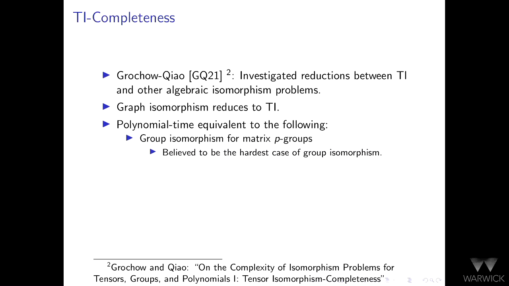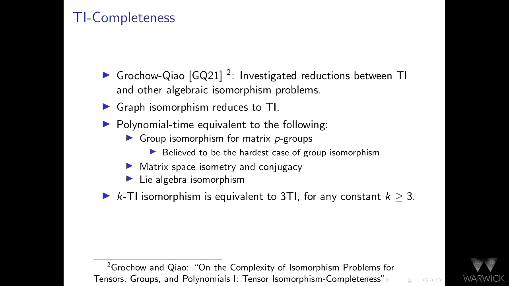This case of group isomorphism is believed to be one of the hardest cases of group isomorphism for which we still do not have polynomial time algorithms. Other algebraic structures that tensor isomorphism is equivalent to include matrix space isometry and conjugacy, and Lie algebra isomorphism. Furthermore, we focus on the case of 3-tensor isomorphism, since they also proved in this work that k-tensor isomorphism is polynomial-time equivalent to 3-tensor isomorphism for any constant k greater than 3.